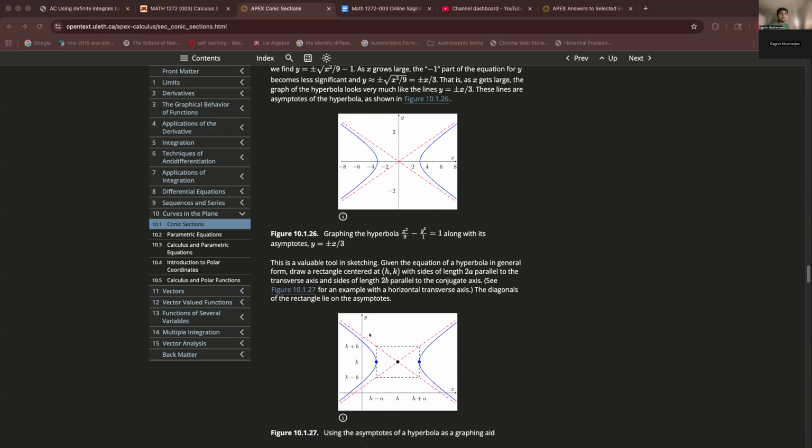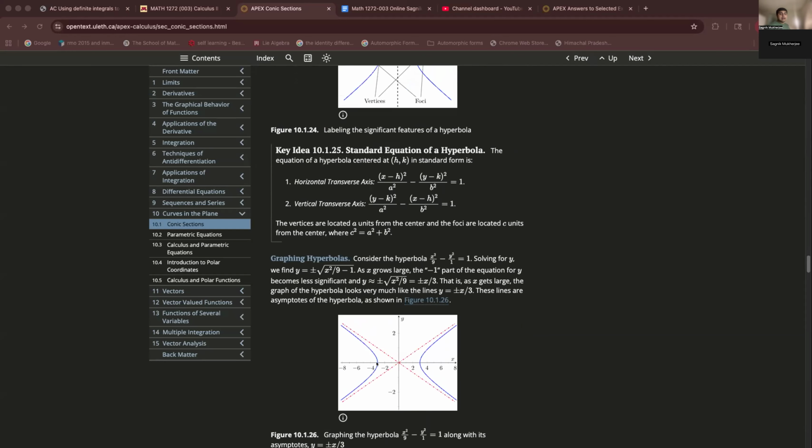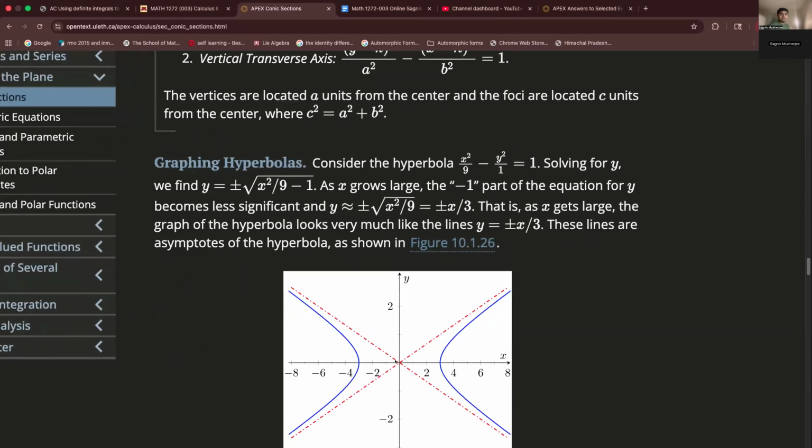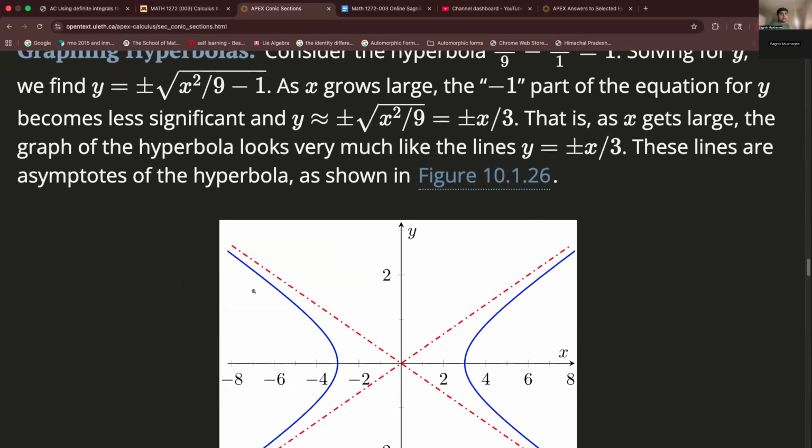Okay, here we go. So look at this hyperbola first. This is the center, as you can see. You can draw these two lines. What are these two lines? These are the lines along which the hyperbola asymptotically extends.